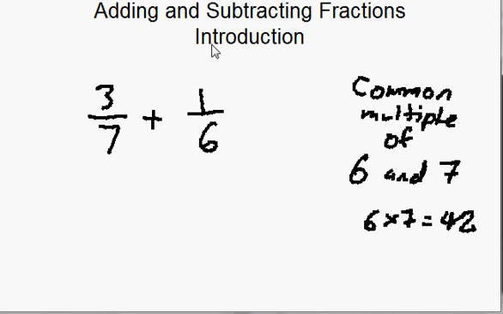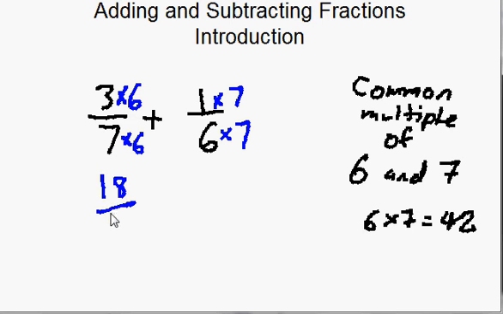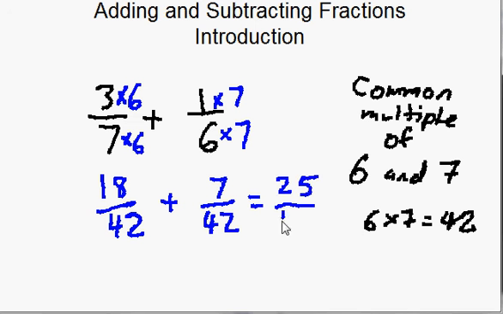So let's do that. So let's multiply this first fraction by 6 on the top and the bottom, and the second fraction multiply by 7 on the top and bottom. So here I have 18 over 42, sorry about that, 18 over 42. Here I have 7 over 42, and when I add those together, I get 25 out of 42.